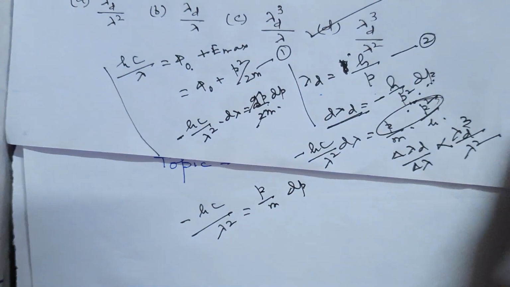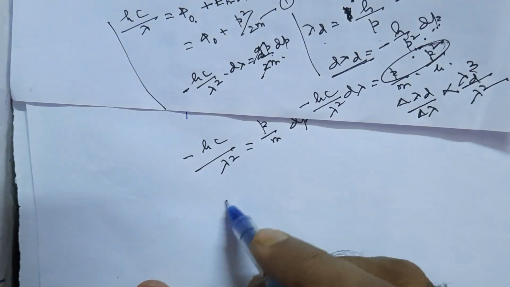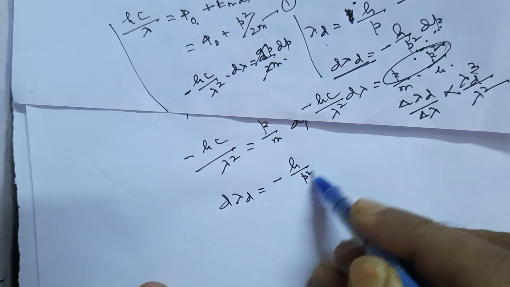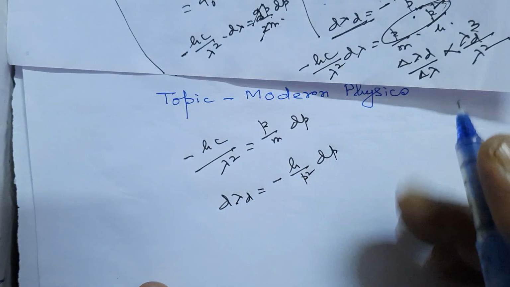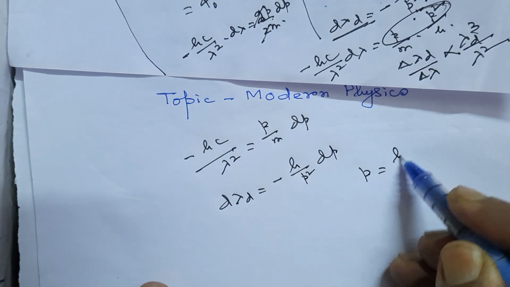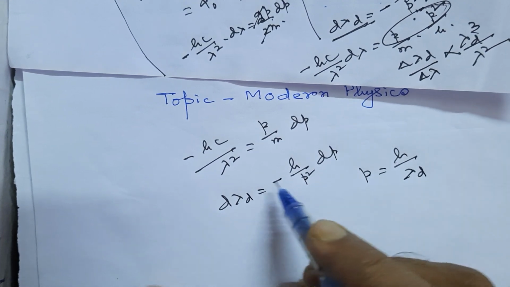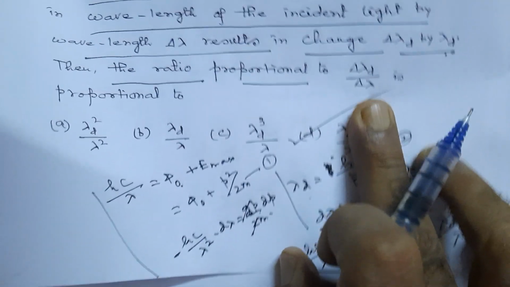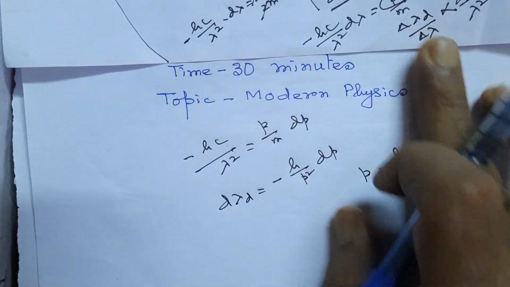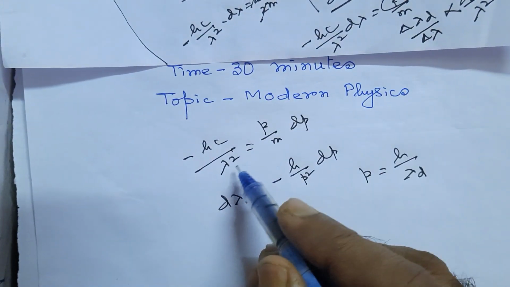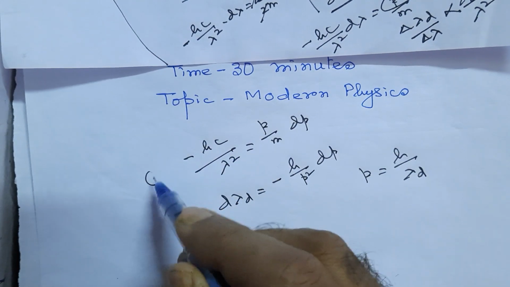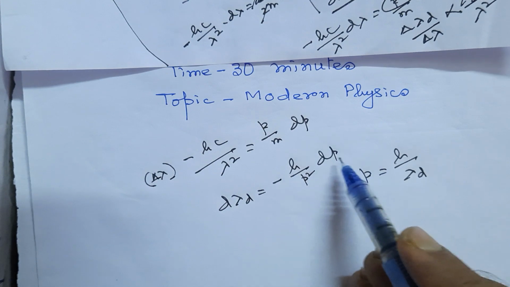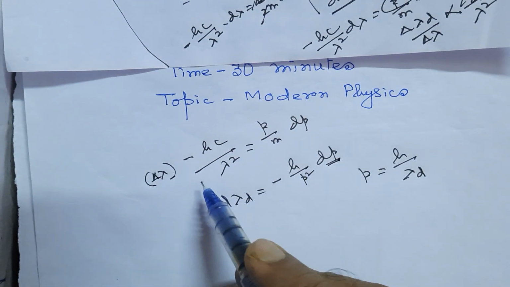From the second equation, we find that d lambda d equals minus h by p square into dp, and p equals h by lambda d. So we have to find delta lambda d by delta lambda. Now replace dp.